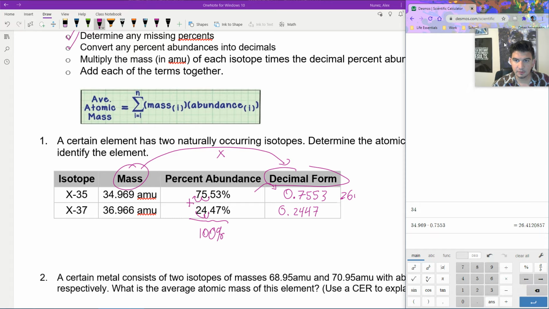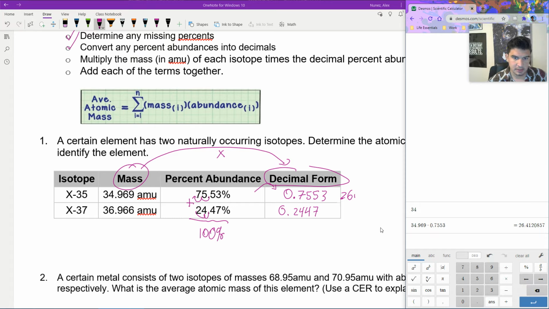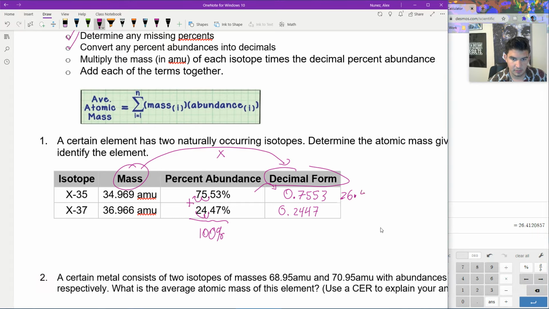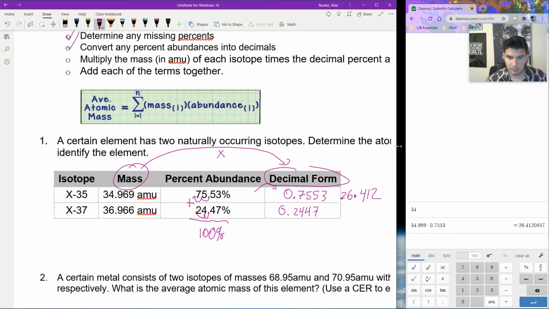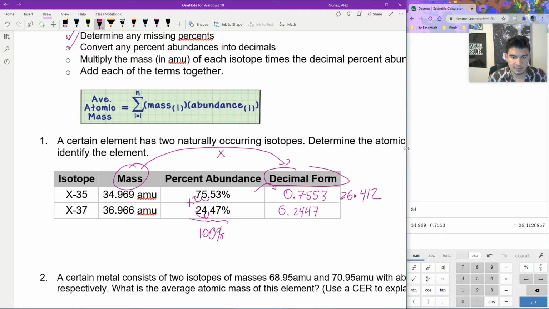So 26.412 is this first one. And remember, our units for mass in this case are AMUs.